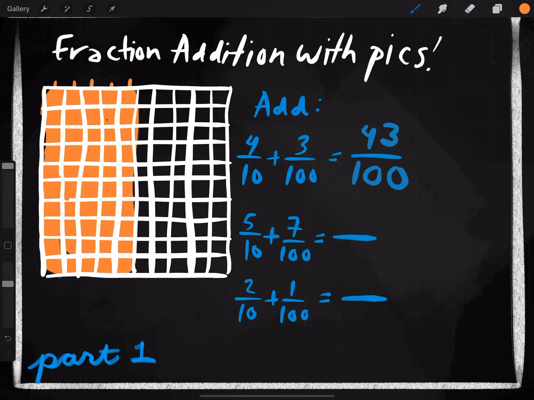And then after I added the 5/10ths, now I'll put in 7 100ths, so 7 of these little boxes, 1, 2, 3, 4, 5, 6, 7. Okay, so for my answer, it'll be out of 100ths, because I don't have an even number of columns. This one is partly filled. So here, 5 times 10 of those little boxes is 50, plus 7 more, 57 100ths.